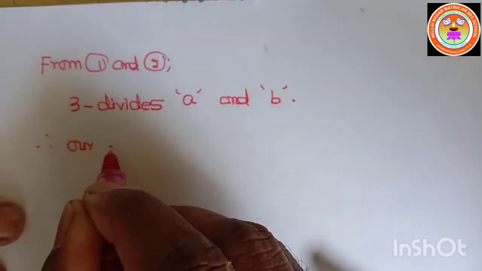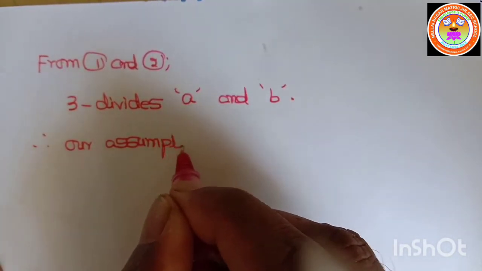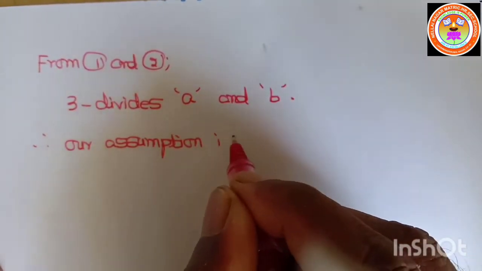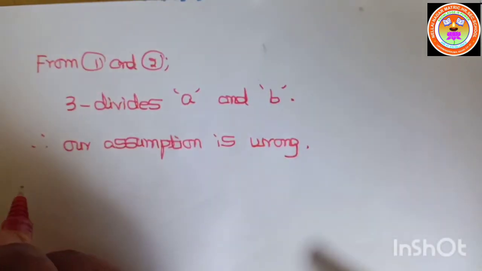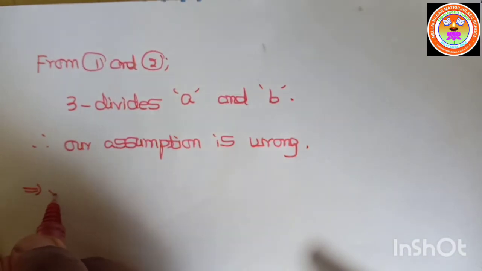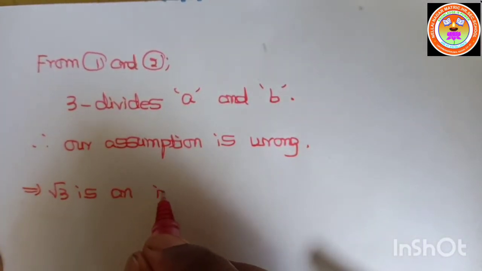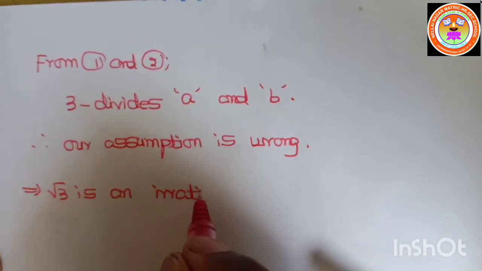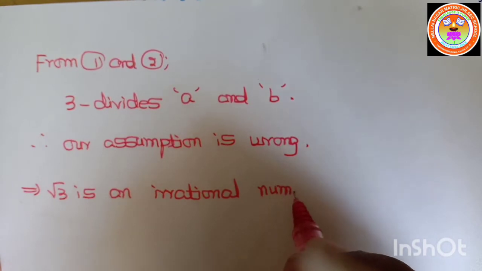Therefore our assumption is wrong. So root 3 is an irrational number.